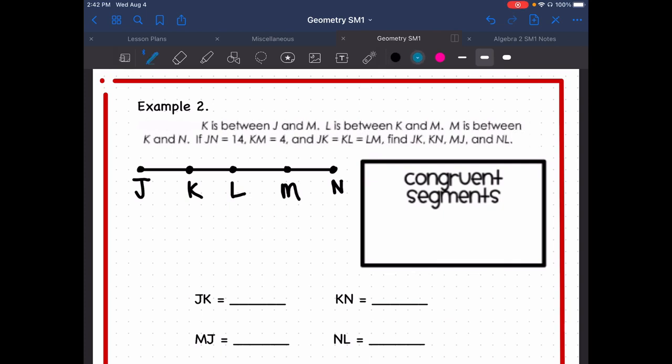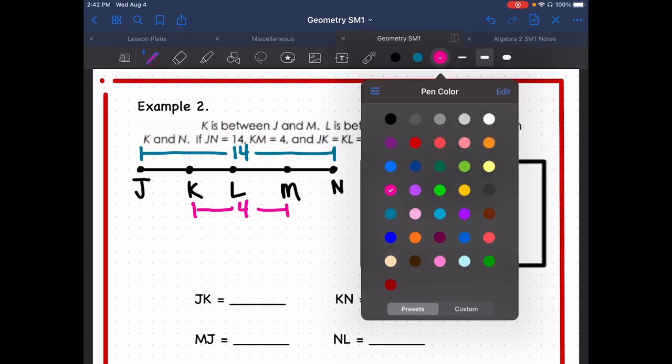So from J to N is 14. From K to M, it is 4.